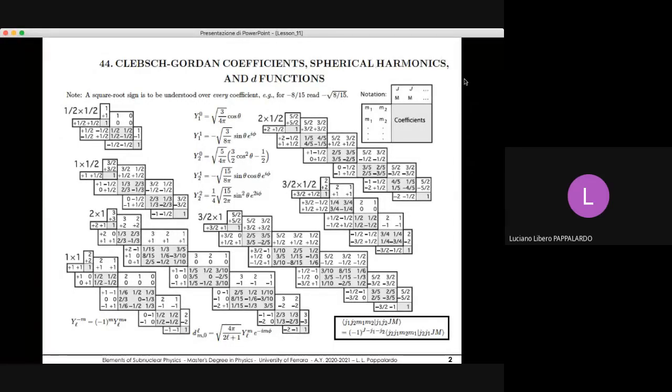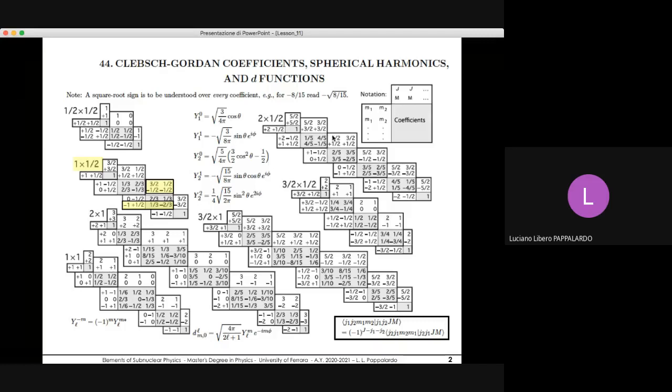Okay, so here you should now see the tables for the Clebsch-Gordan coefficients. And our case is highlighted in yellow here. So we have 1 times 1/2. Then we have the two possible total isospin values, 3/2 and 1/2, with the third component which is minus 1/2. These are the two third components of the two particles, minus 1 for the pi minus, plus 1/2 for the proton, and these are the squares of the two Clebsch-Gordan coefficients.